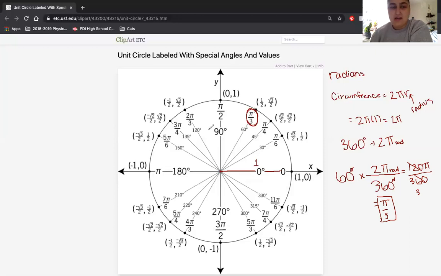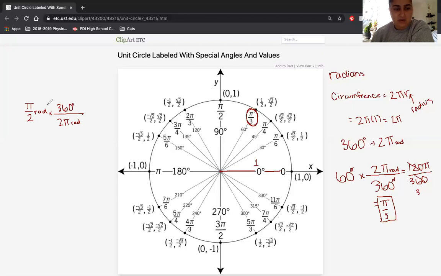Then if we want to go from radians to degrees, we'll do pi over 2. How many degrees is pi over 2 radians? Now I want 2 pi down here because I want radians and radians to cancel, and I want 360 up here.